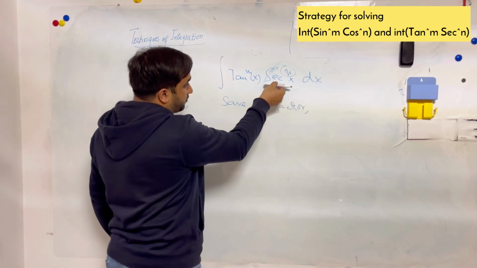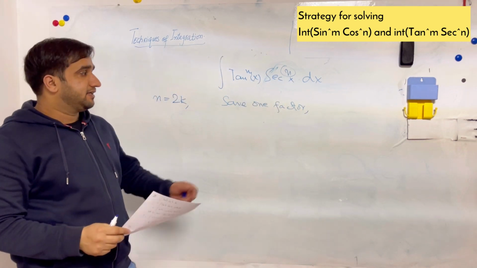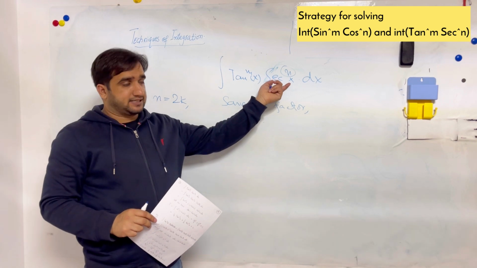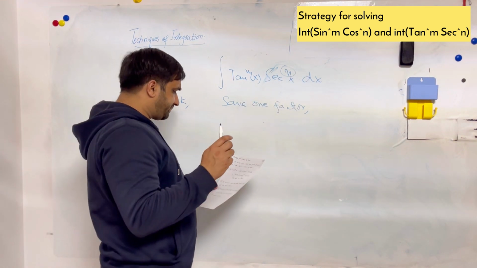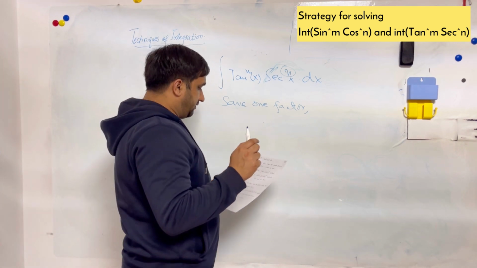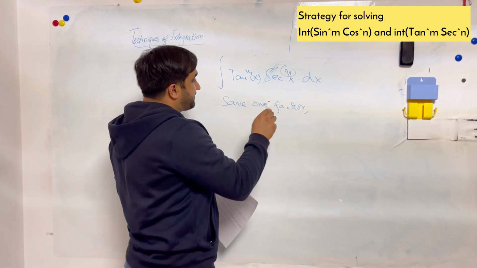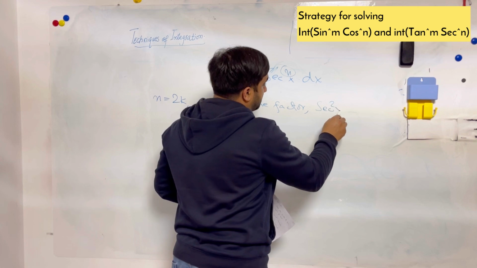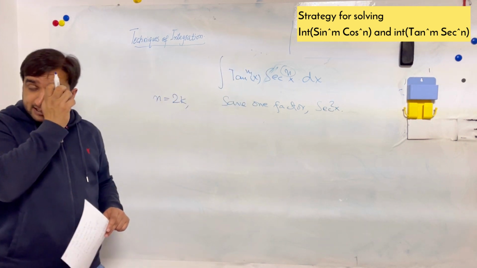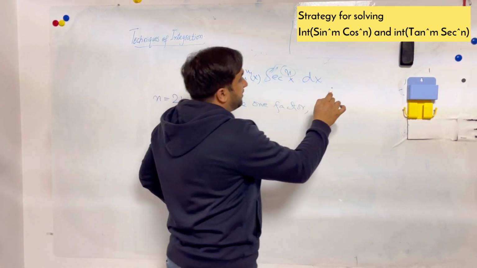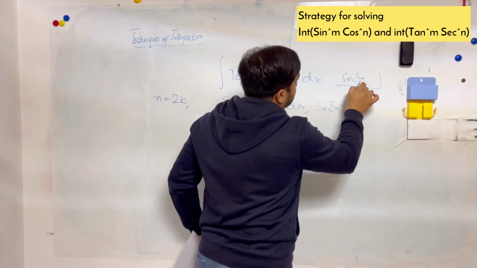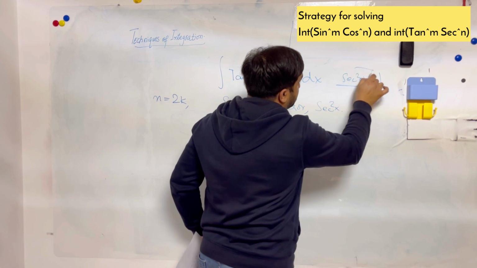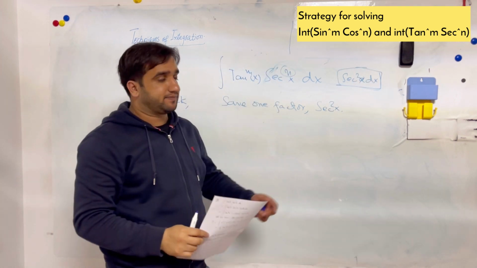pick up one factor out of this whole thing. For example, if it is secant 4x, then pick up one factor there, and the remaining will become... pick up one factor of secant square, not the simple secant, because we are actually trying to find something which will make this secant square x dx, and we know something has a derivative, this guy.